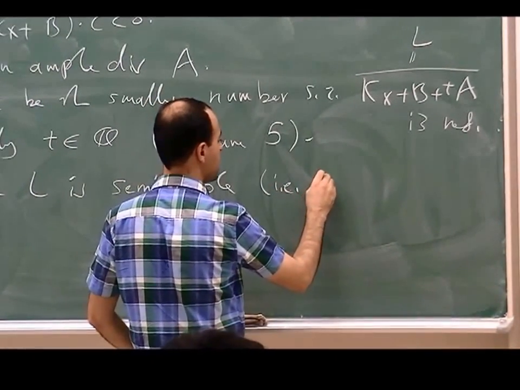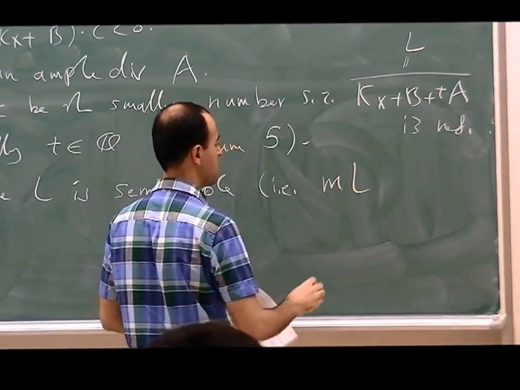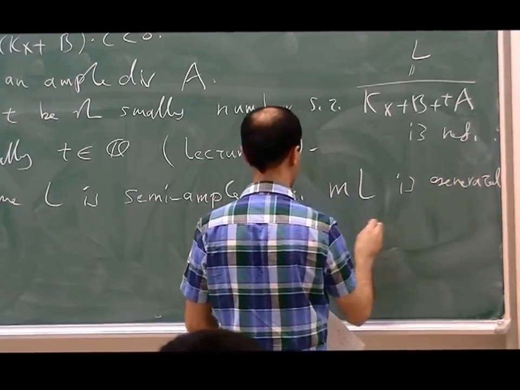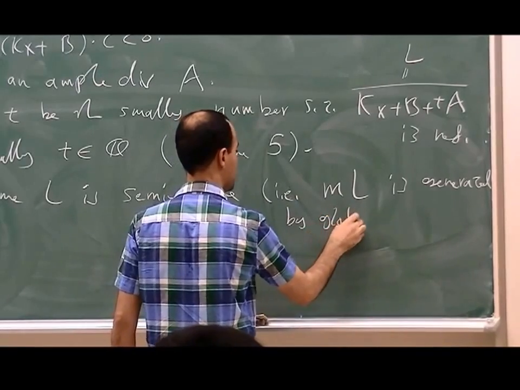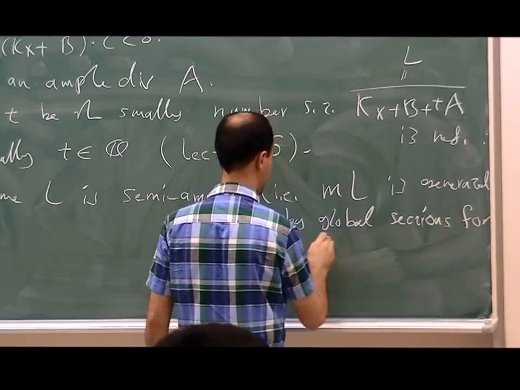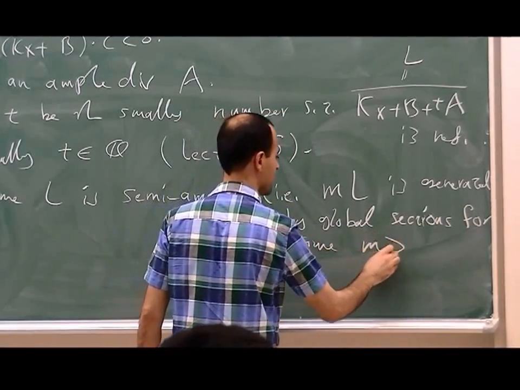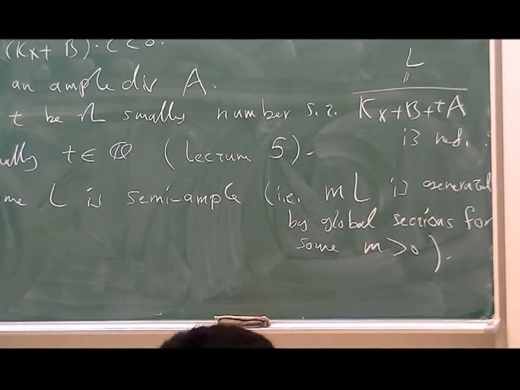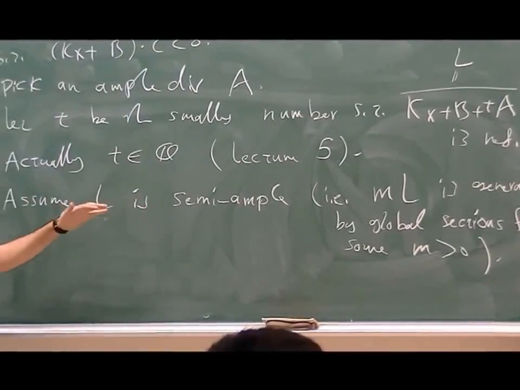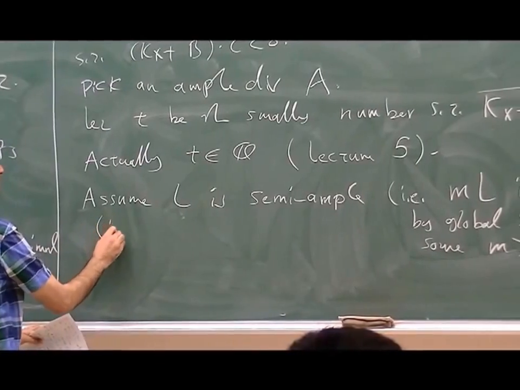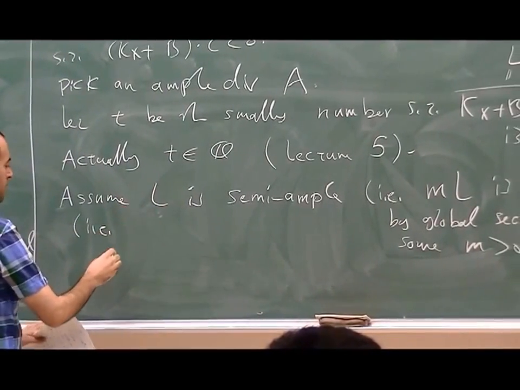Semi-ample just means that some multiple is free, generated by global sections. So you might have to multiply this by a very large number, but it doesn't matter. It just means that some high multiple of it will be free, generated by global sections. It's actually also the same as saying that this is the pullback of some ample divisor.